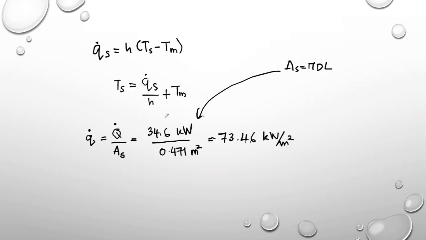The Dittus-Boelter equation is Nusselt number equal to 0.023 Reynolds number to the power of 0.8, Prandtl number to the power of n.